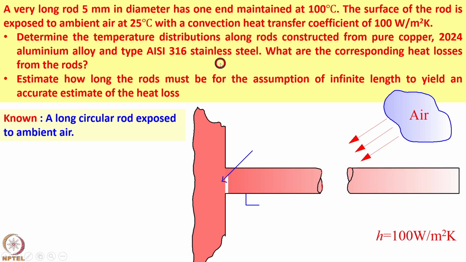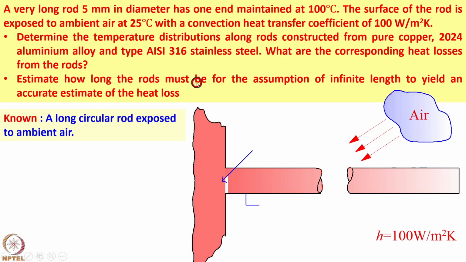Determine the temperature distributions along rods constructed from pure copper, aluminum alloy and AISI 316 stainless steel. What are the corresponding heat losses from the rods?